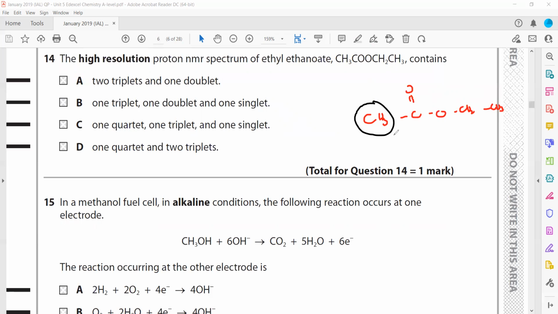The number of neighbors is 0, it does not contain any neighbor. The splitting is always n+1, so 0+1, it will give a singlet. This CH2, next to it is CH3, and on the other side there is none. So 3 hydrogens in the neighbor, and the splitting is always n+1, so 3+1, which is 4, and 4 means quartet. So one of the peaks will be a quartet.